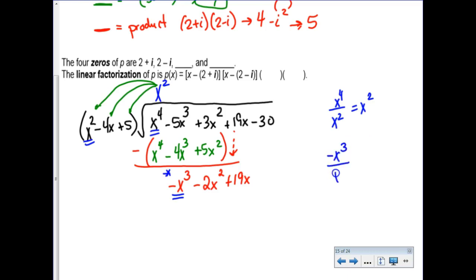Now it's being divided by x squared, and that gives us a -1x. Okay, that -1x gets multiplied in. So -x to the third plus 4x squared minus 5x. Watch your subtraction here.